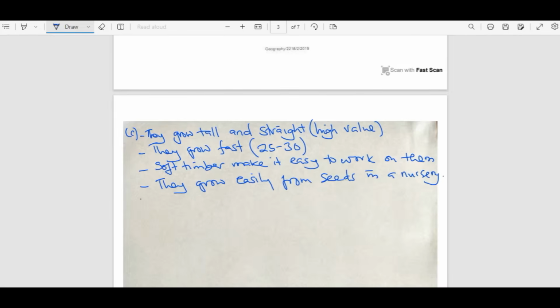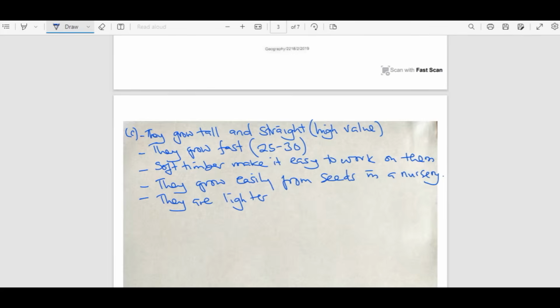So we can even add another one. We can say they are lighter, meaning that it is very easy to carry, unlike indigenous trees.